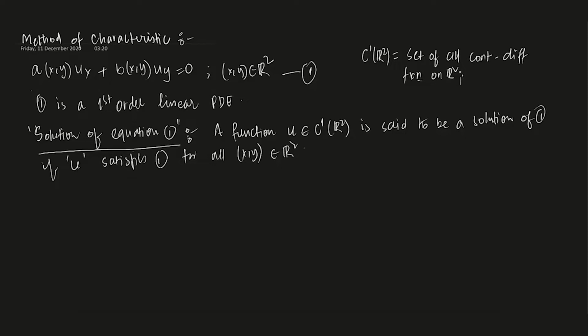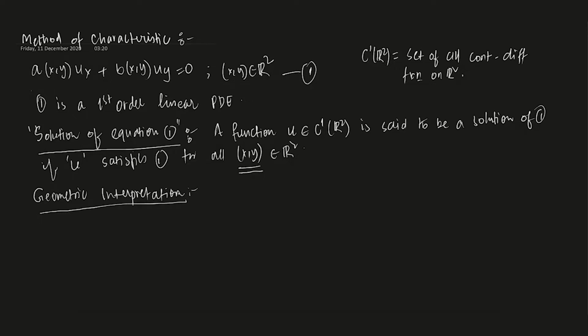And I have the solution as some function which satisfies this equation for all x,y in R2, right? Now that's your solution. Now we want to understand what the expression 1 means, and we want to do that geometrically. So first of all, we will look at the geometric interpretation, what it means geometrically.